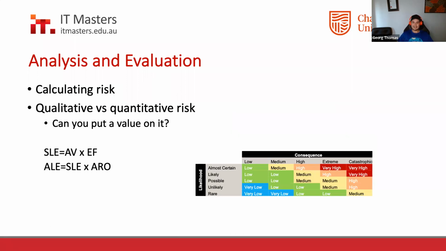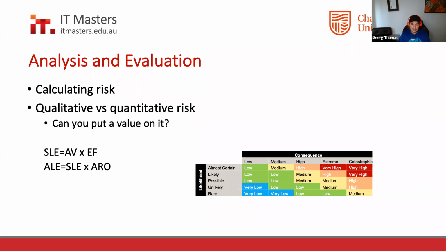One of the key things in terms of analysis and evaluation is calculating risk. There are really two ways to calculate risk, qualitatively or quantitatively. I put here, can you put a value on it? From working with a lot of boards, I know quantitative risk tends to be more valuable.